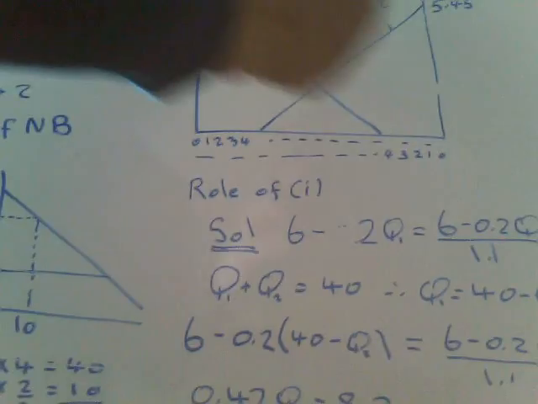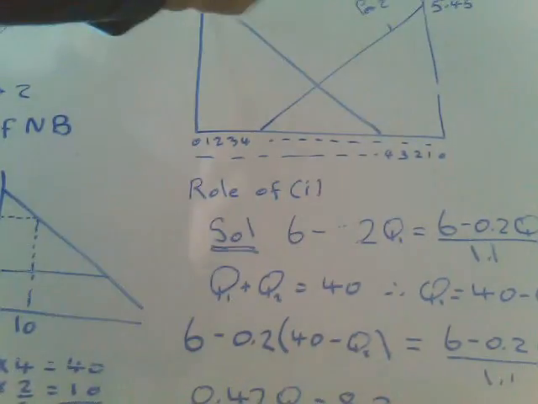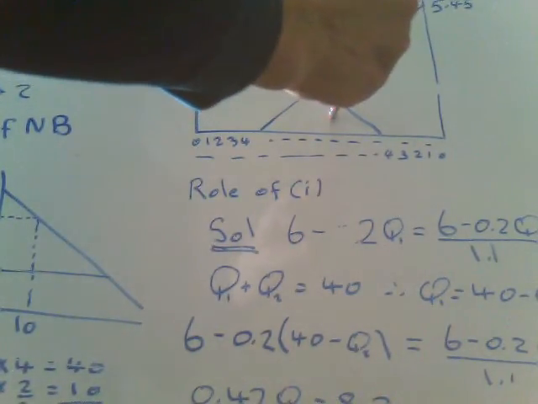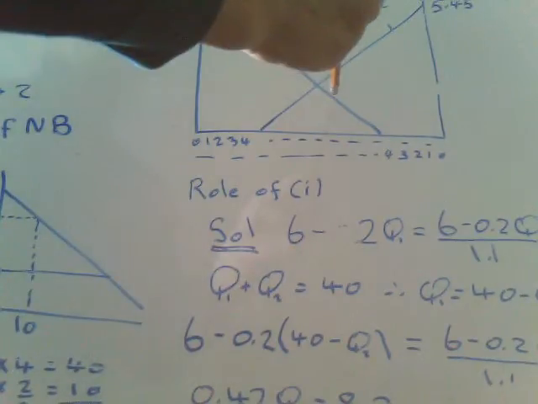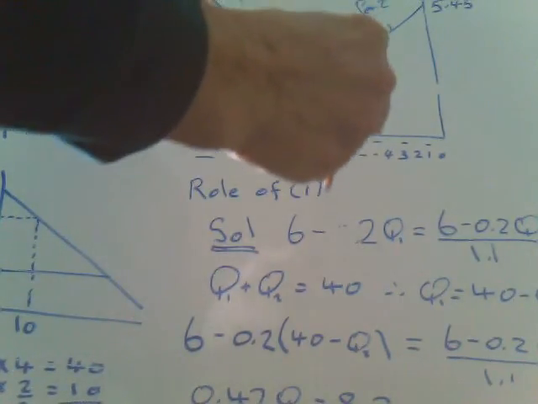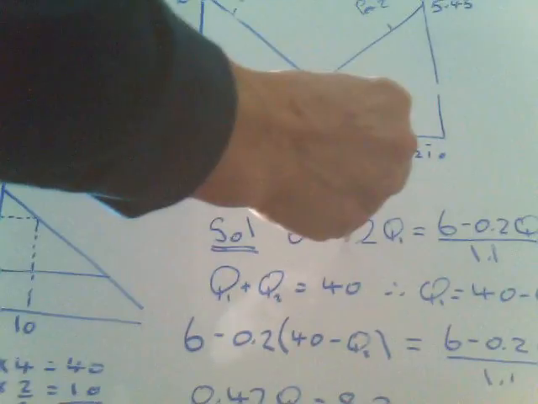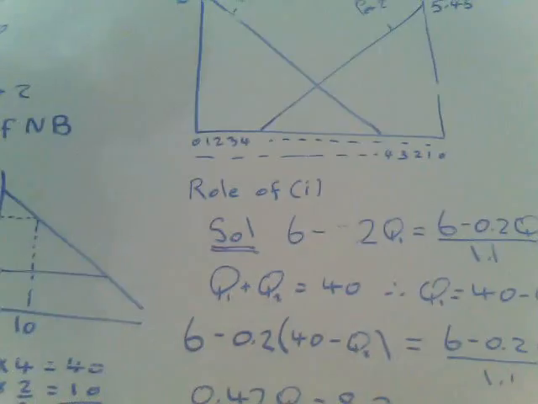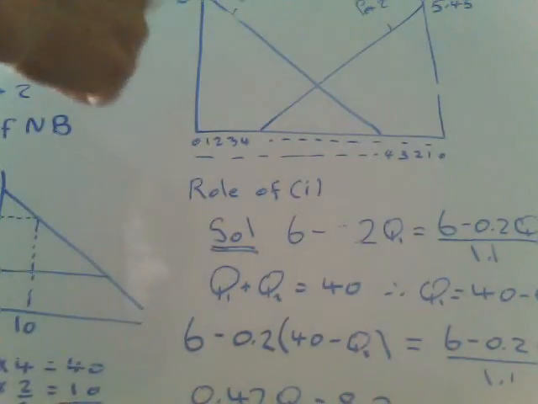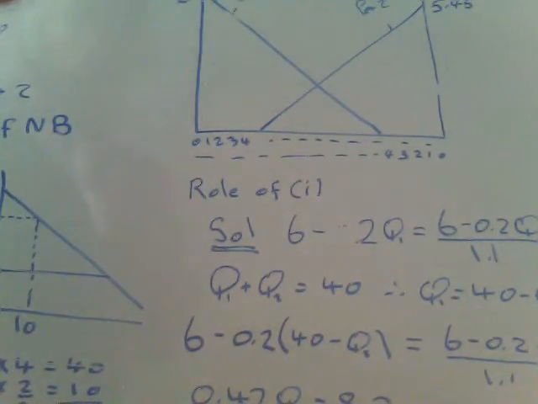So what does this represent? This is the demand curve. What is this demand curve? As we all know, it is 6 minus 0.2 Q sub 1, right? That was the original demand curve. But right now, I'm no longer going to say 10, I'm going to say 6.